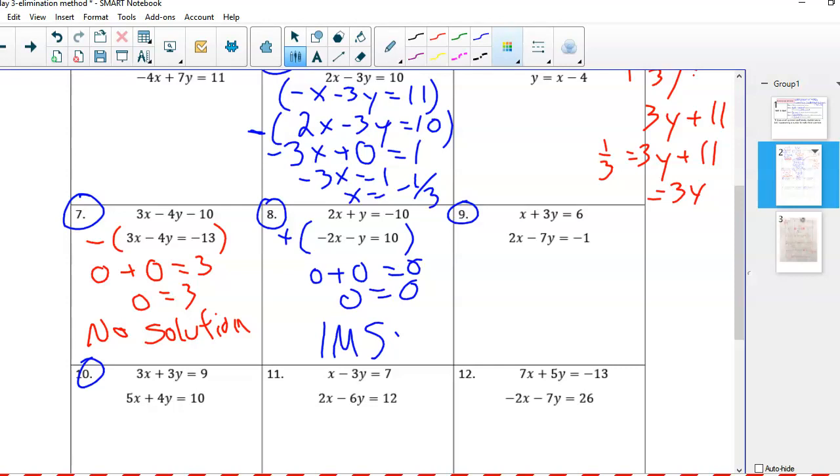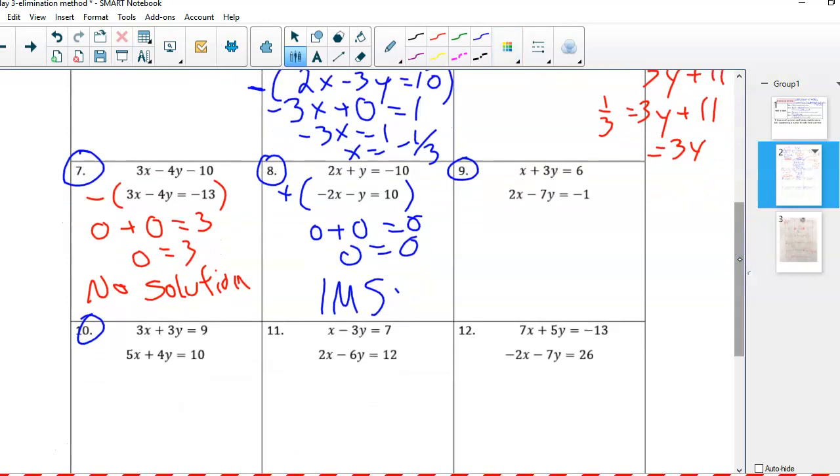It could be by 2 or negative 2, yes? If you wanted to do your y's, you'd have to multiply by what? You can multiply this one by 3. What would you multiply this one by? 7. So when you don't have the same coefficient, you multiply so that you do.